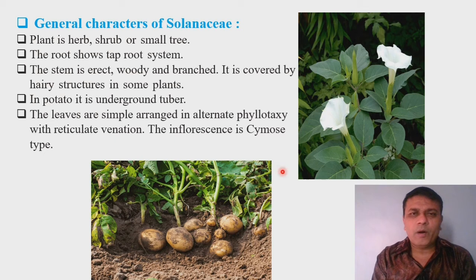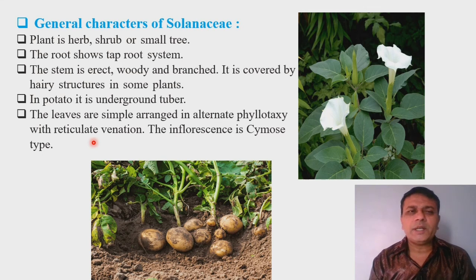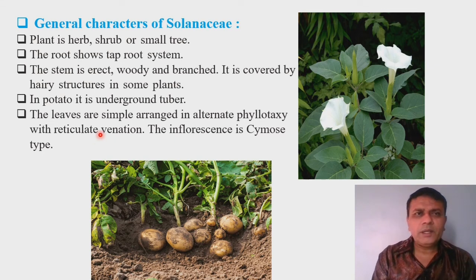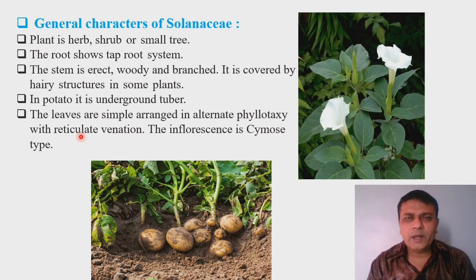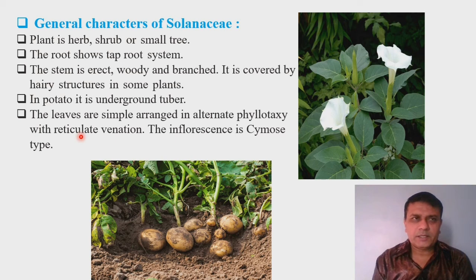Hence such type of venation is called reticulate venation. Venation means the arrangement of veins on the leaves, and the plants belonging to family Solanaceae show presence of reticulate venation. Reticulate venation is the unique characteristic feature found in dicotyledonous plants.